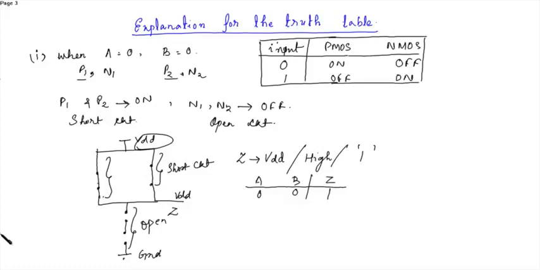Now let's see when A is equal to 0 and B is equal to 1. The second condition is when A is equal to 0 and B is equal to 1. So here same P1 N1 and here it is P2 N2.